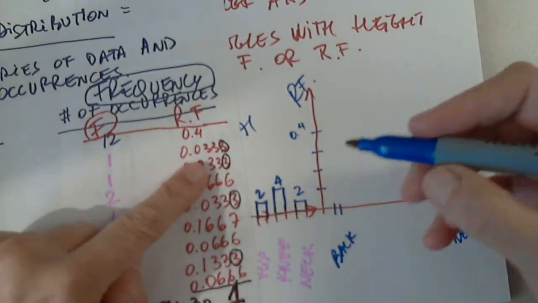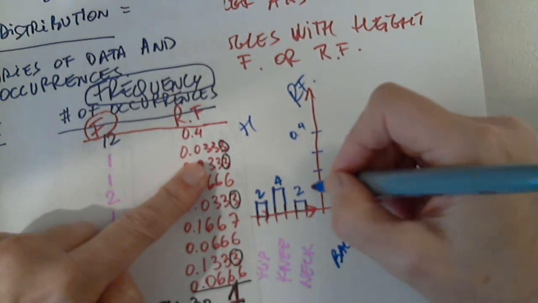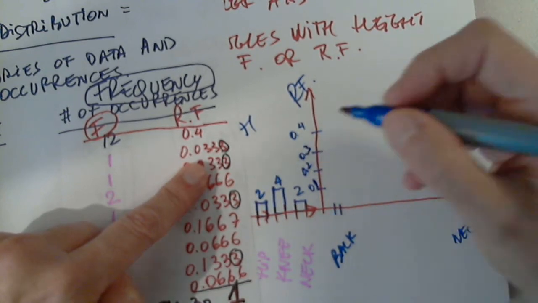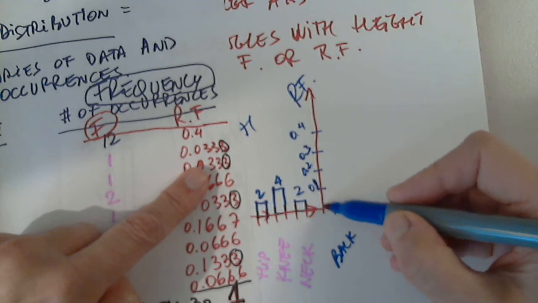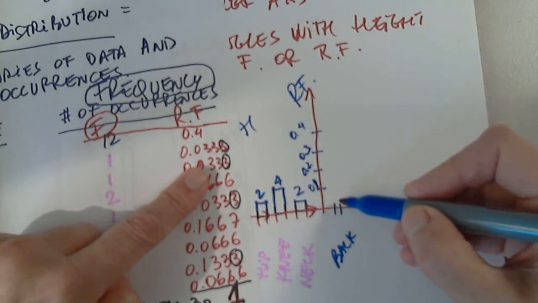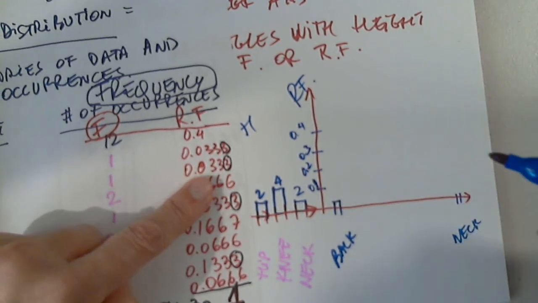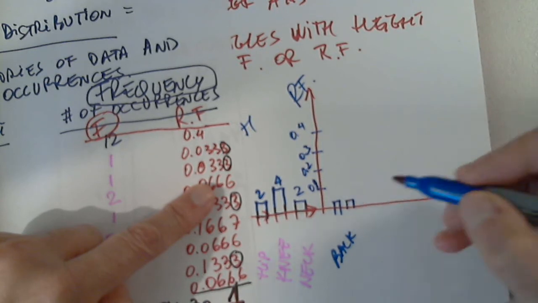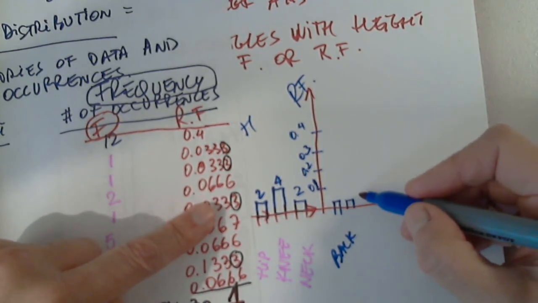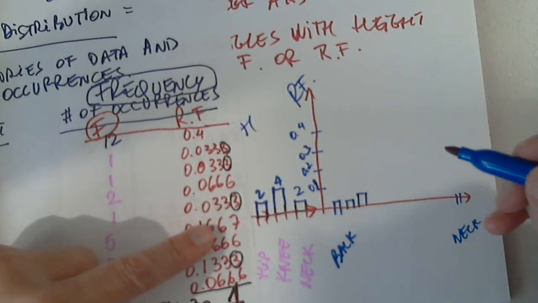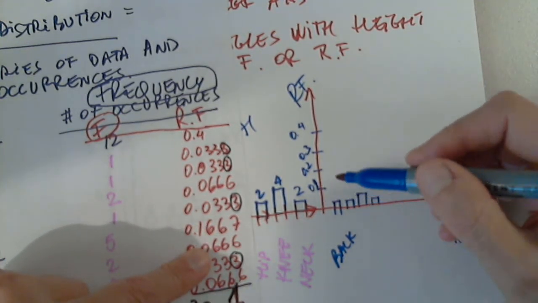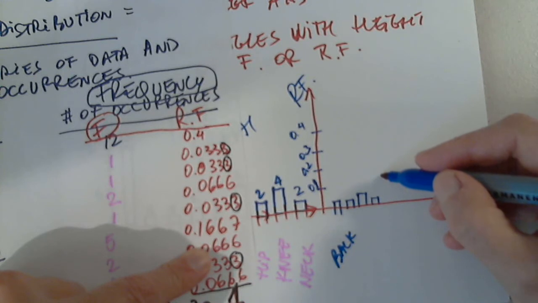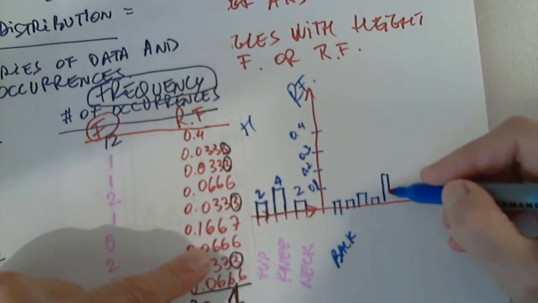So the first one will be, if this is 0.1, 0.2, 0.3, the first one is at 0.3, so somehow I divide this height in 3, and I get this. The next one is the same, the next one is double, the next one is back to the first. This is 0.16, so somewhere here.